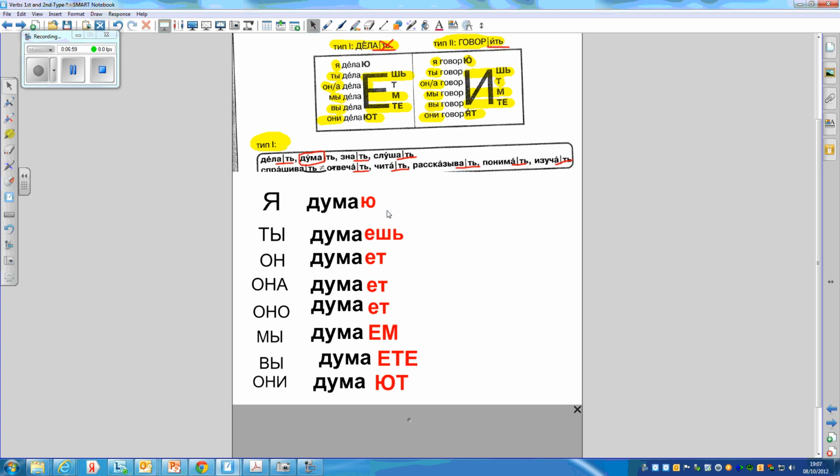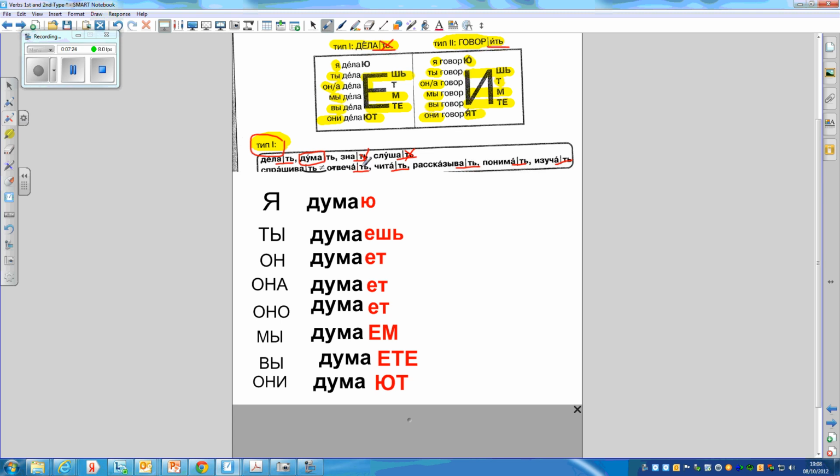So this pattern is true for all the verbs that you see here. You conjugate all the verbs that you see here very simply. It's the first type, again I repeat, ать or sometimes еть. So you cut off ть.